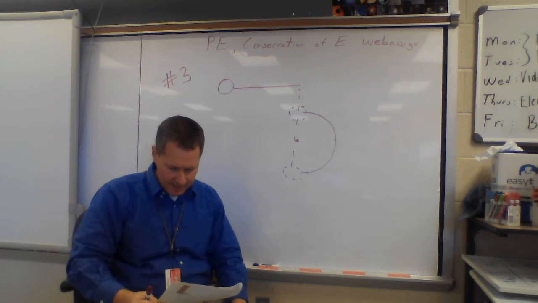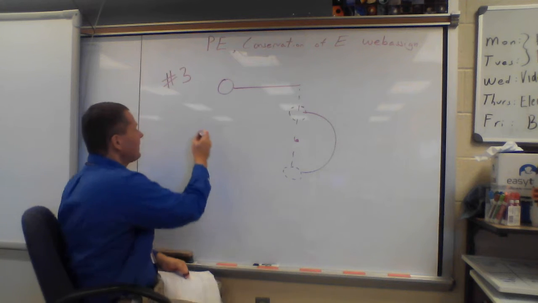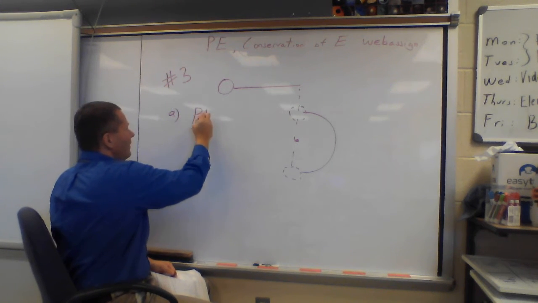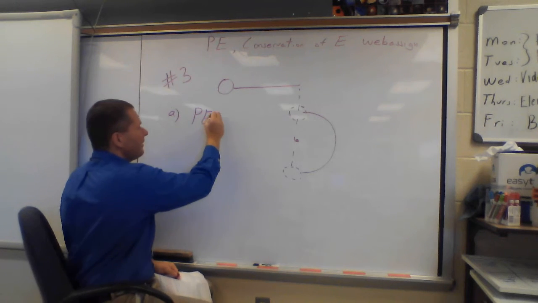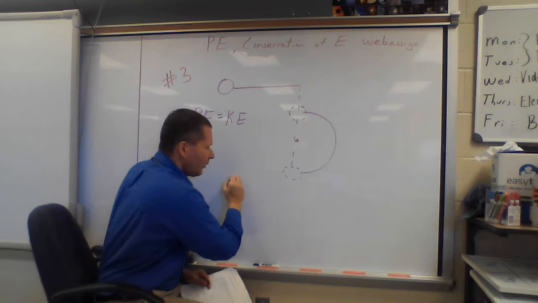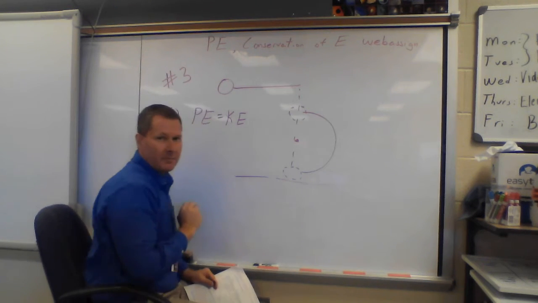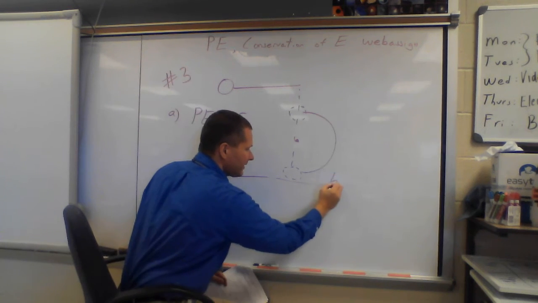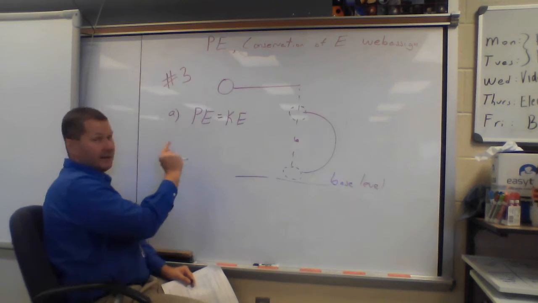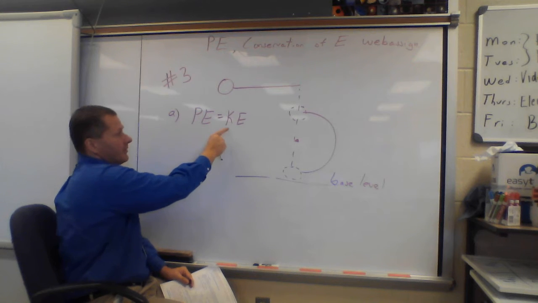Letter A says, what is its speed when it reaches the lowest point? That one's not too bad. We definitely have some potential energy up here. That's going to turn into kinetic energy right at the bottom. We're going to call that bottom our 0, or our base level. So we can say that all of the potential turns into all kinetic.